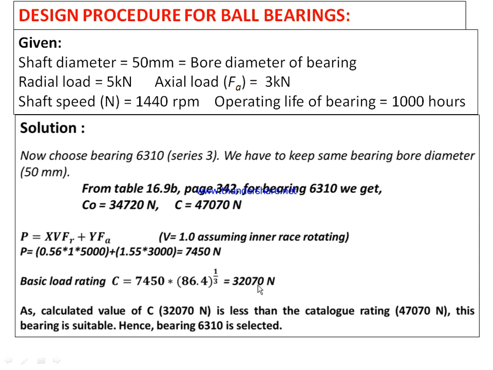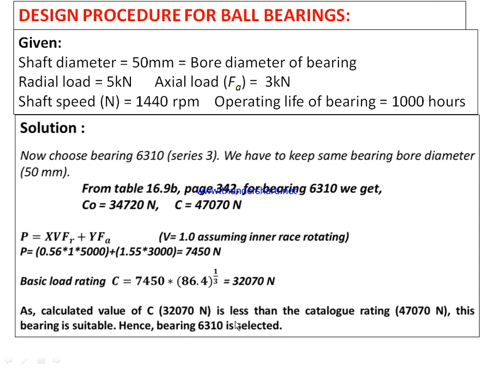and it is found to be 32,070 Newton. Now for this bearing 6310, in the table the value of C is 47,070 Newton. So as the calculated load rating is less than the catalog load rating, the bearing which you have chosen, 6310, is suitable.